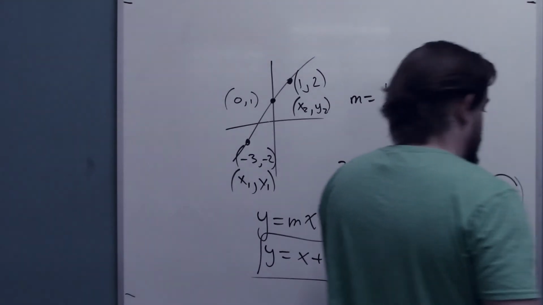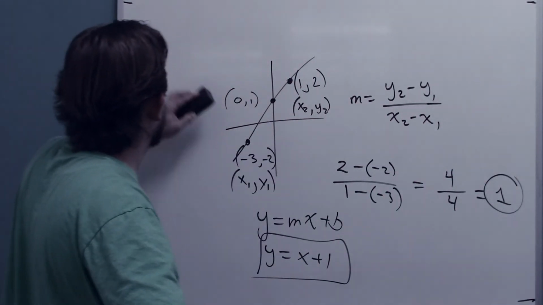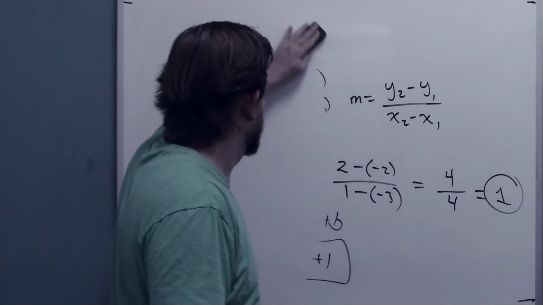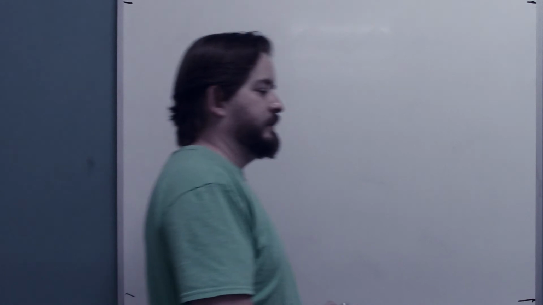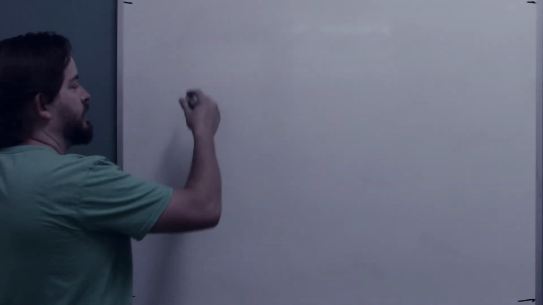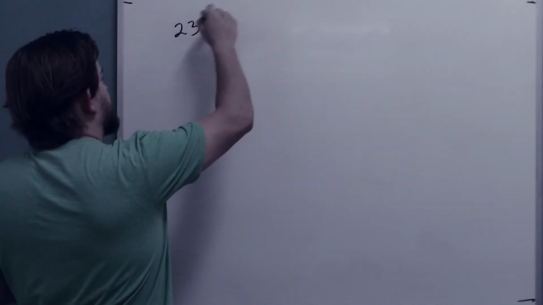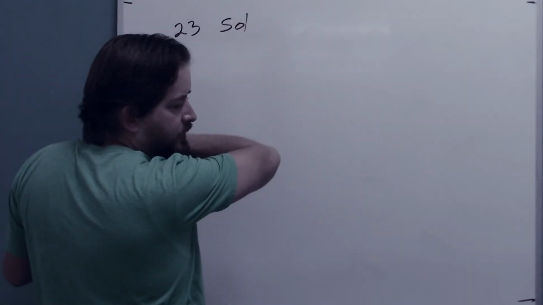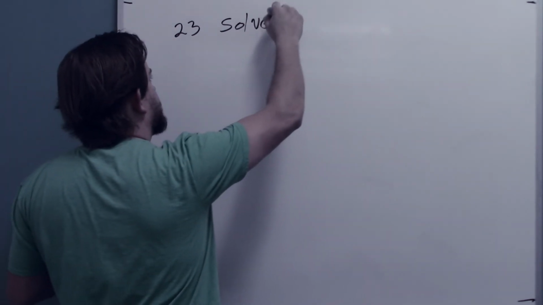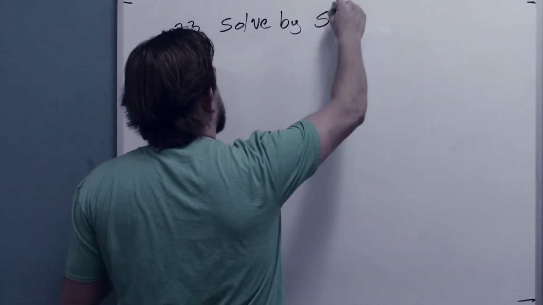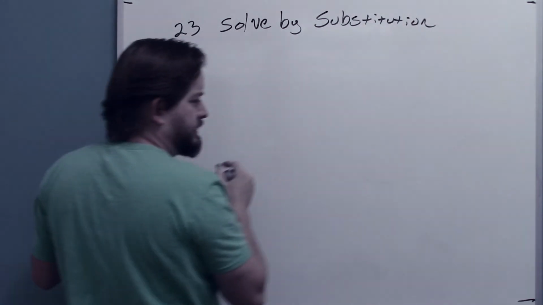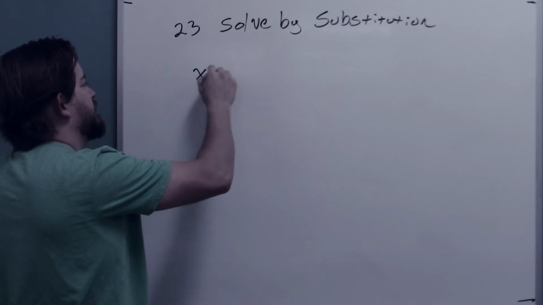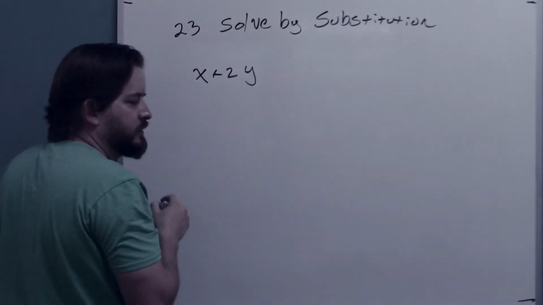All right. And then of course, let's look at 23. 23 deals with 2-dimensional systems, and it specifically says to solve by substitution, not graphing. And it's actually set up to do so.